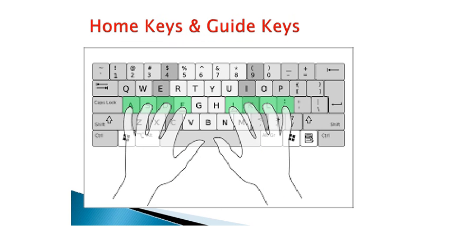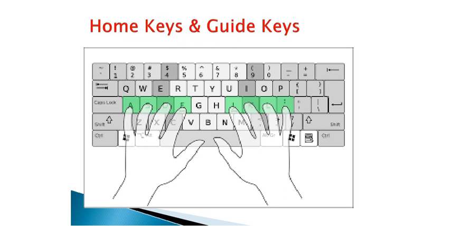As you can see in this diagram, the home row keys are A, S, D, F and J, K, L, semicolon. The keys A, S, D, F are pressed using our left hand, and J, K, L and semicolon by our right hand.